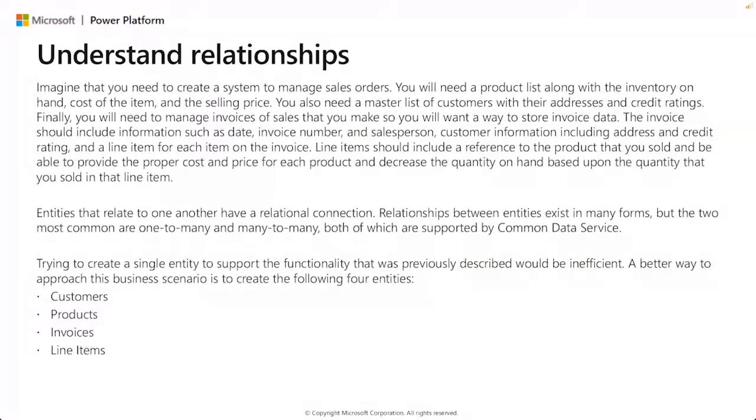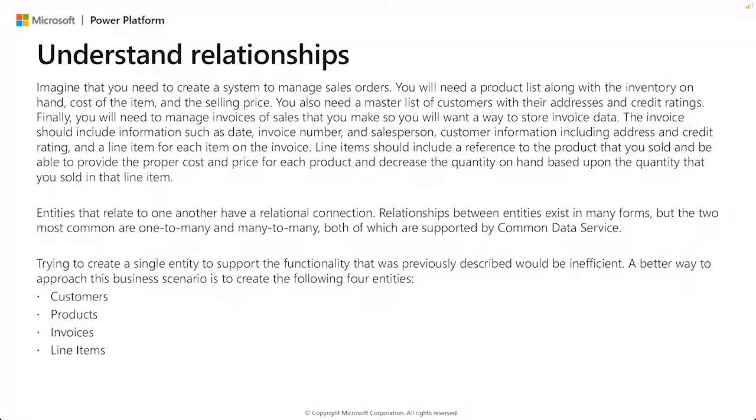Line items should include a reference to the product that you've sold and be able to provide the proper cost and price for each product, and decrease the quantity on hand based upon the quantity that you sold in that line item. Entities that relate to one another have a relational connection.